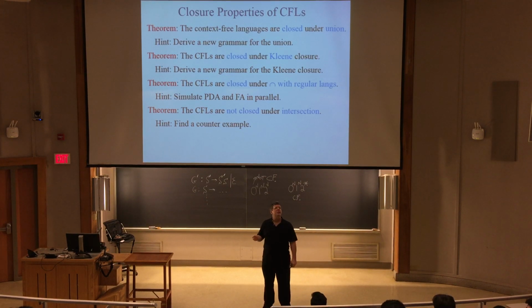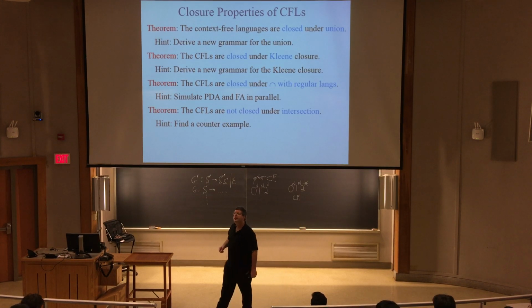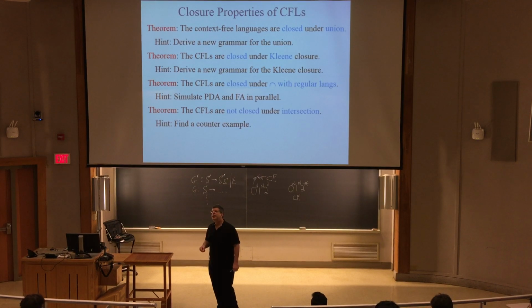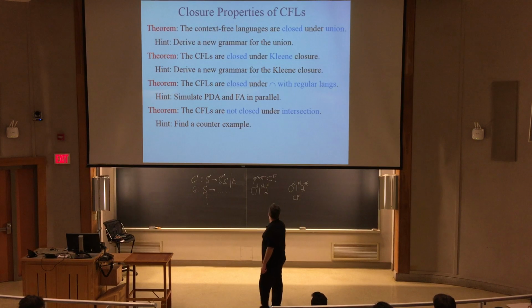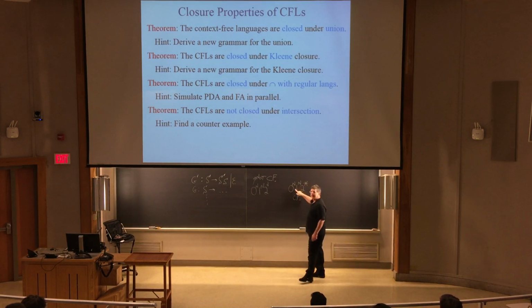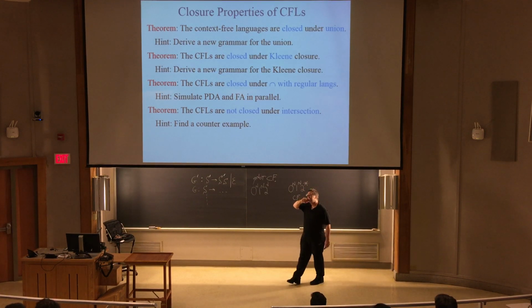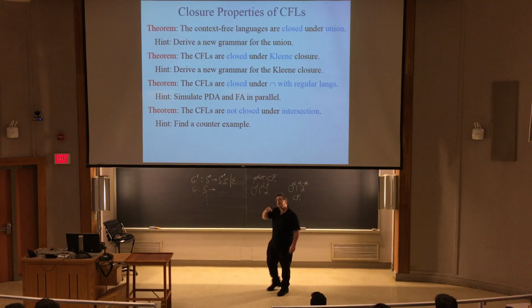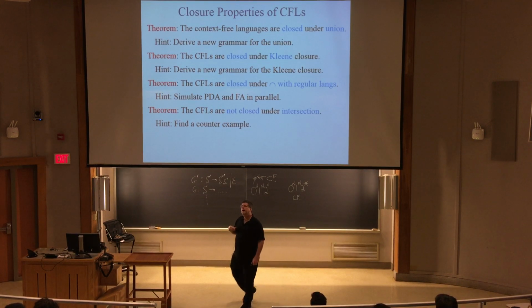Any thoughts? Let's get more people participating, so it's not a monologue over here. Yeah. Well, but this is not the intersection of this and this. It's a concatenation of both of them, right? Well, I guess if you said concatenation, you'd be right.